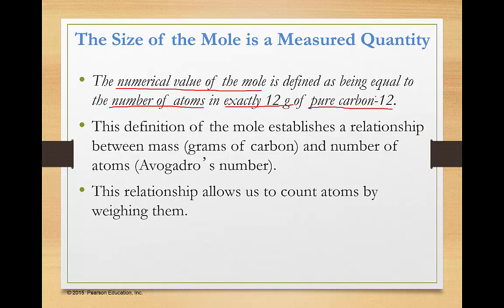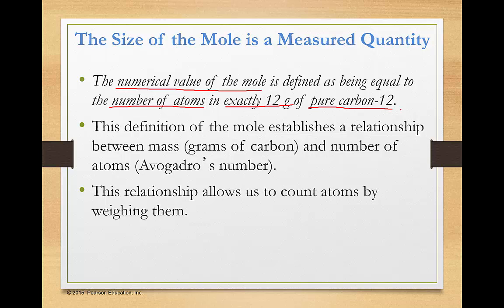So remember, when we say carbon-12, we're talking about a particular isotope of carbon. We're talking about the one that has the 6 protons and 6 neutrons in its nucleus. Okay, so pure carbon-12, if I had nothing but carbon-12 atoms and I measured out exactly 12 grams of that, then I would have 6.022 times 10 to the 23rd.